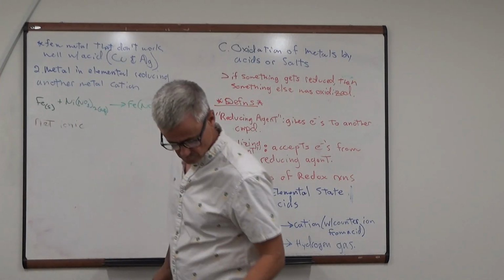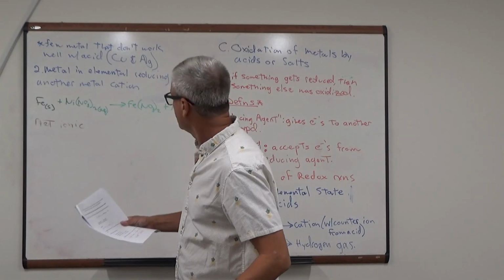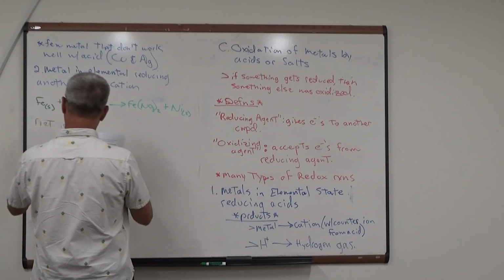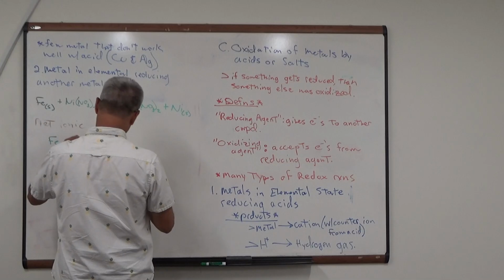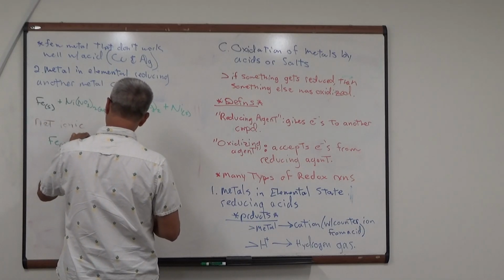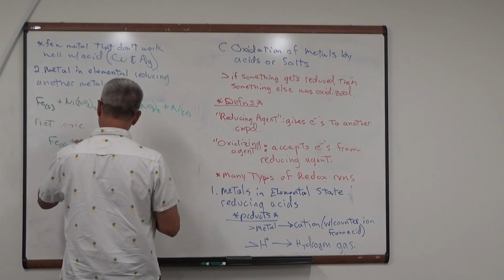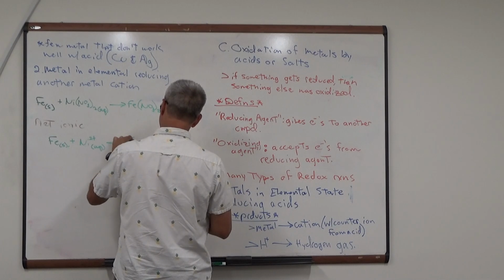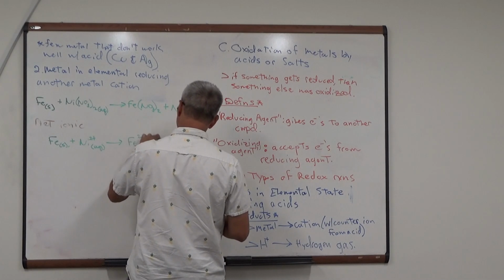Sorry about that, my pen's dying. And our net ionic equation is iron solid plus nickel 2 plus aqueous goes to iron 2 plus and nickel solid.